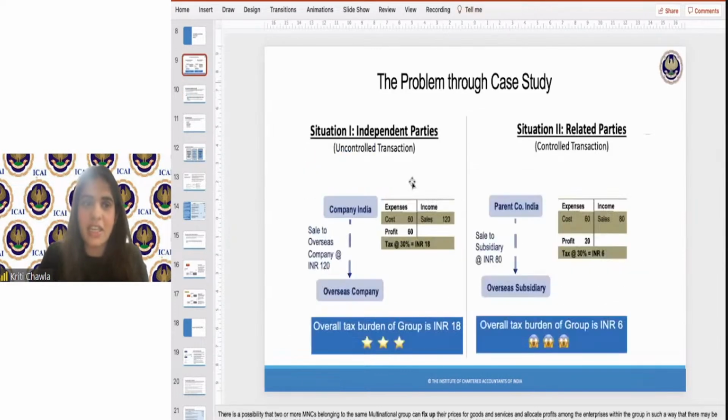Meaning, if you feel there is a difference between these two transactions and you really want to adopt this as the ALP, you can make a reasonable adjustment and then take this as the ALP.